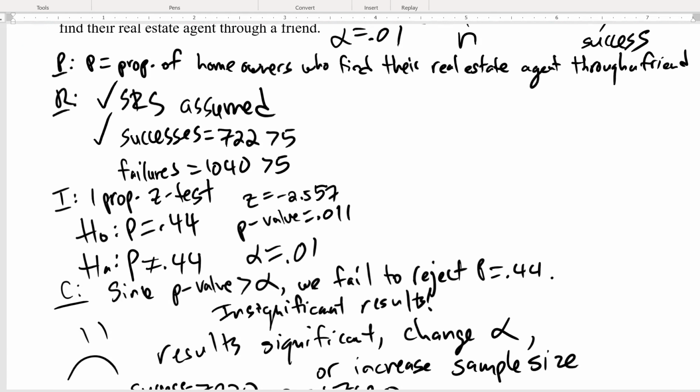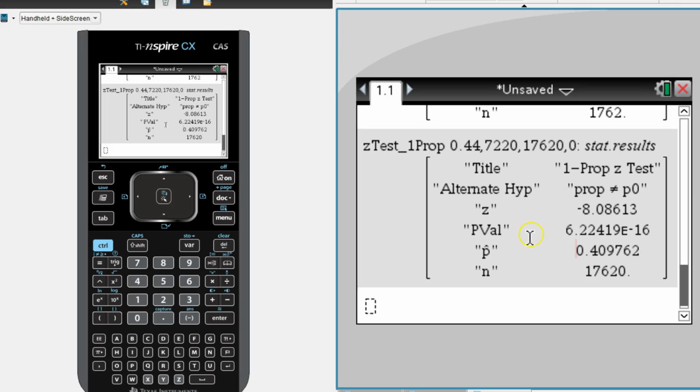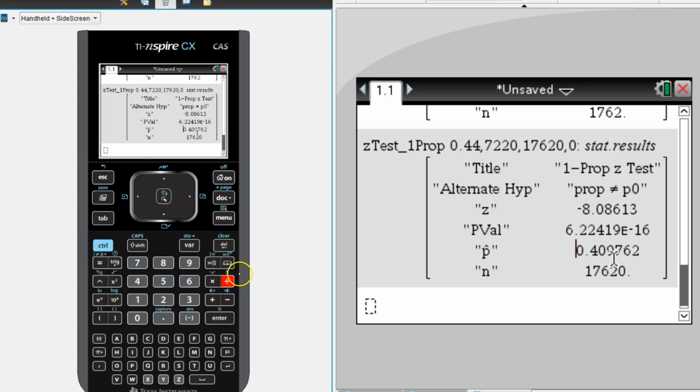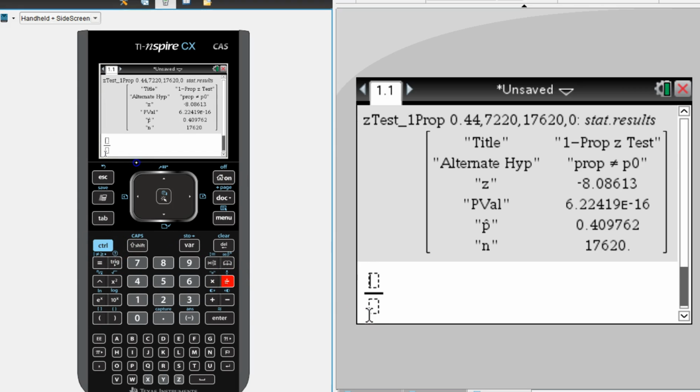We know the z-score by now, so I'm going to do that a little quicker. Z is equal to, I don't have that, so I'll use the number from here. The p hat is 0.409762. So that's p hat, 0.409762, minus the claim.